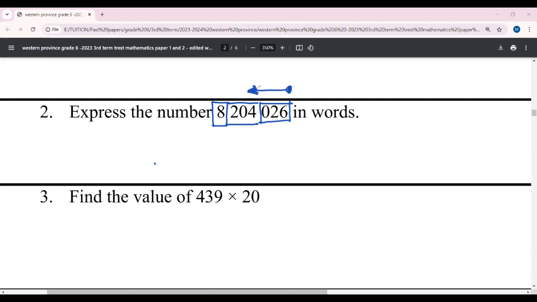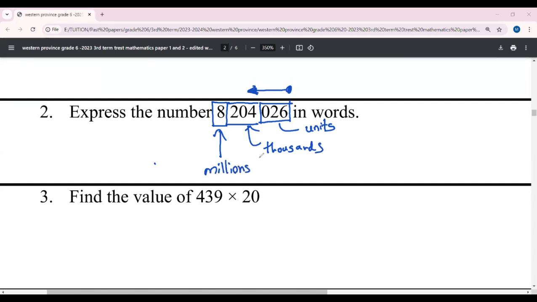We have to start from the right side, and now this is the units period, and this is going to be thousands, and this one is millions, right?